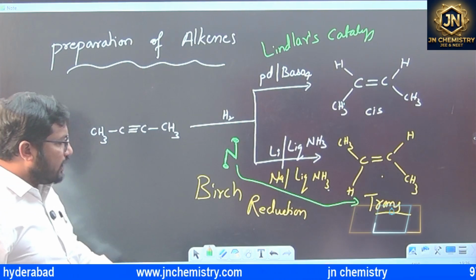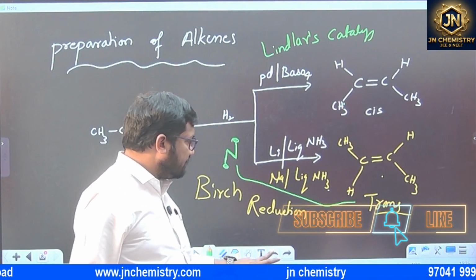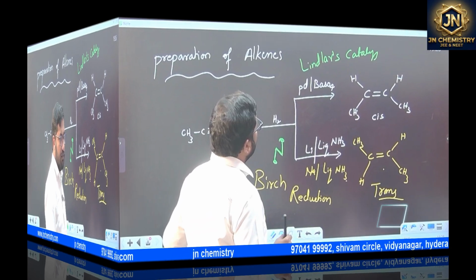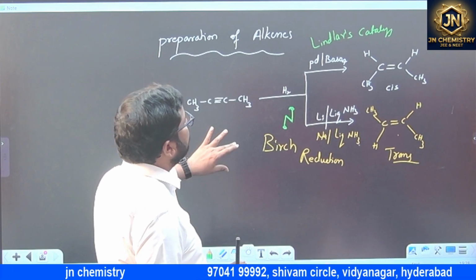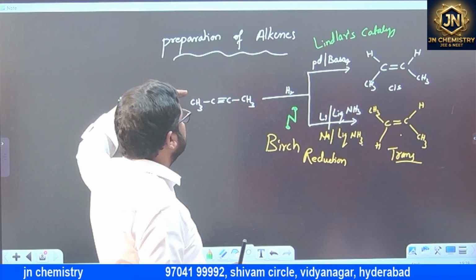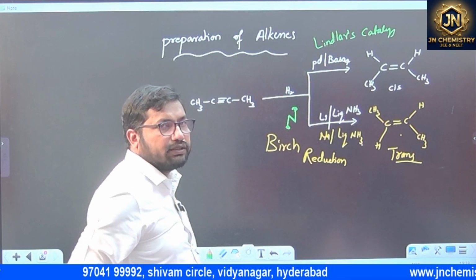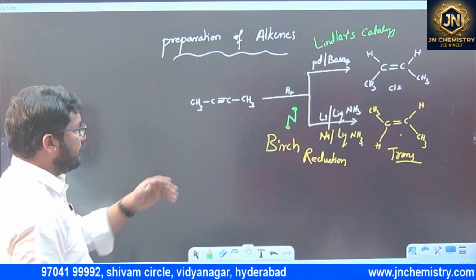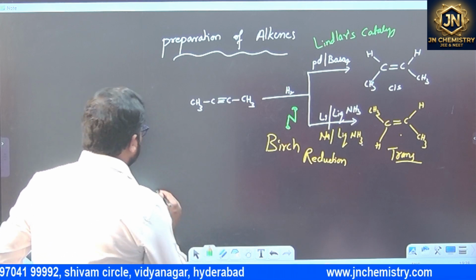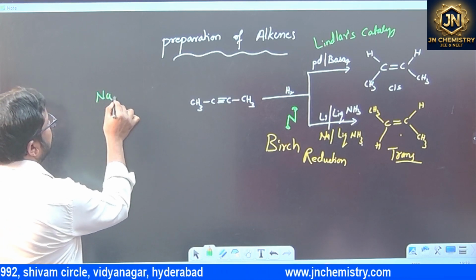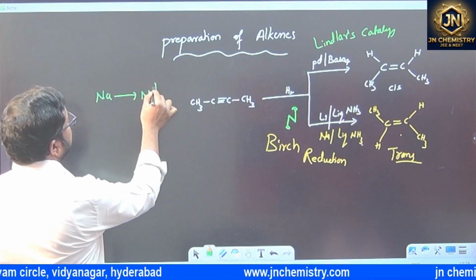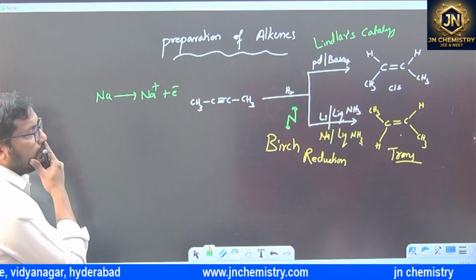So by seeing the reagents, by default we can identify that if the nitrogen is there, it is trans. Of course, I'll explain the mechanism. Write it down. The above one is for Lindlar's catalyst; because this is a linear one, no mechanism is needed, they directly attach from one side. But whereas in this case, sodium generally undergoes Na plus electron, right?